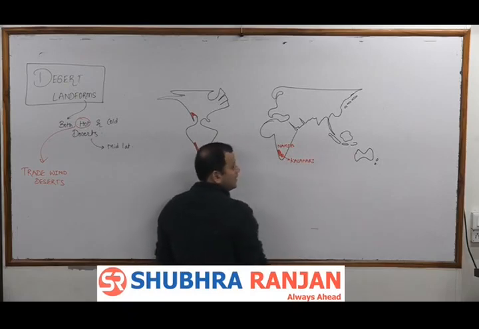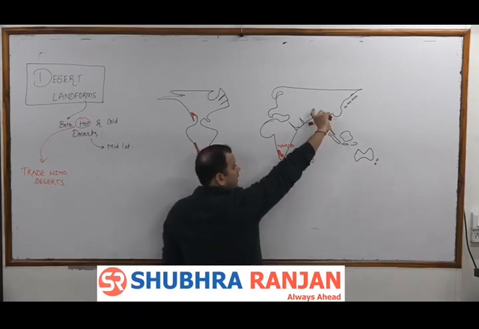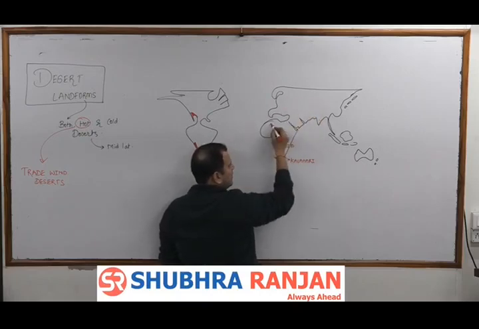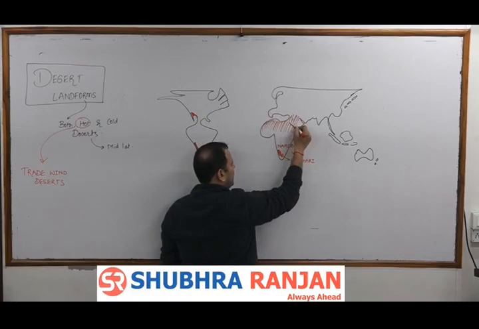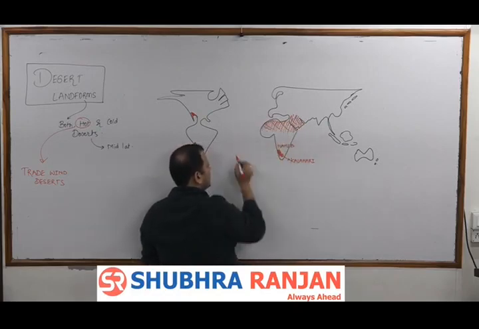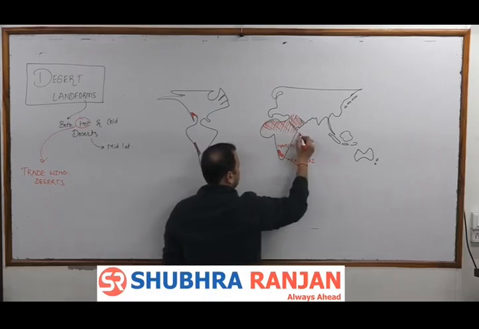Now you understand, because Asia and Africa are met, यहाँ पे trade winds है. So till the time trade winds यहाँ पे they are originating, they don't have any moisture. So even if they come here, they cannot give rainfall, and therefore we have the largest desert in the world, which is known as Sahara desert, and it is extending into the West Asia also. So this is the Sahara desert.